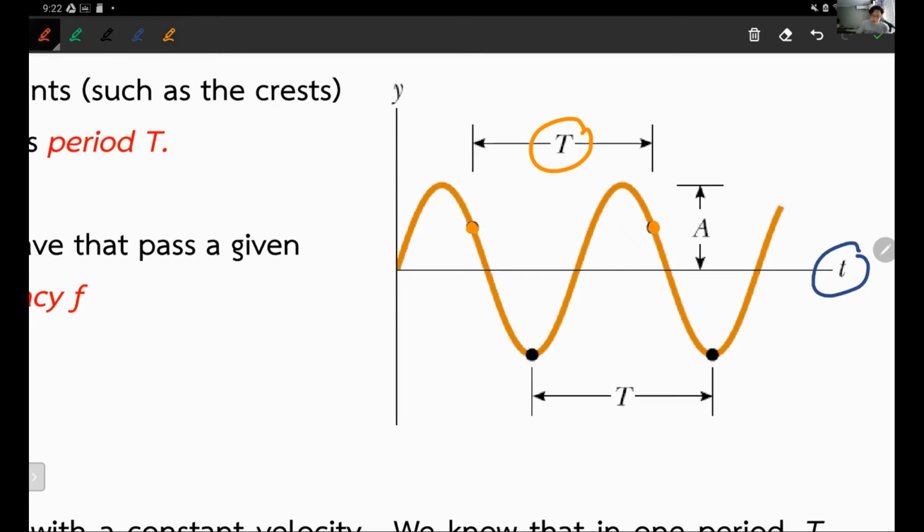So this means the curve from the red dot, just go down, go up, and come back down to the second red dot right there. That completes one cycle. This one, we call it the period. The time that it takes to complete one cycle. Very nice. You can pick any 2 points, like between two black dots if you like. The A is still the amplitude because that's the maximum displacement in the vertical direction. That's inconsequential for now.